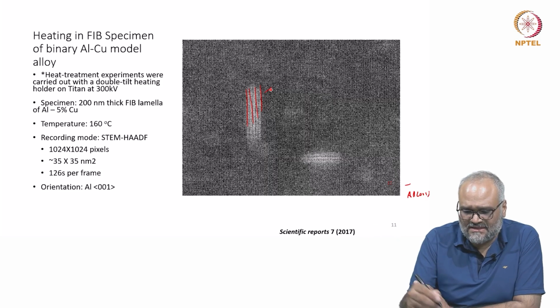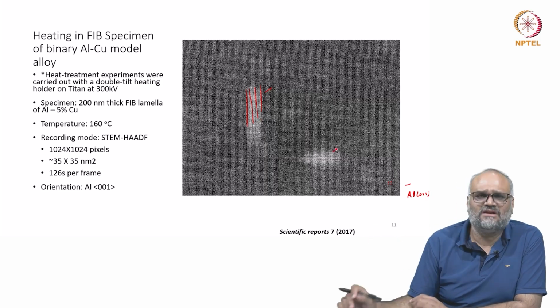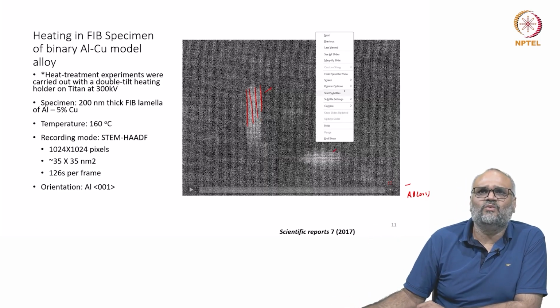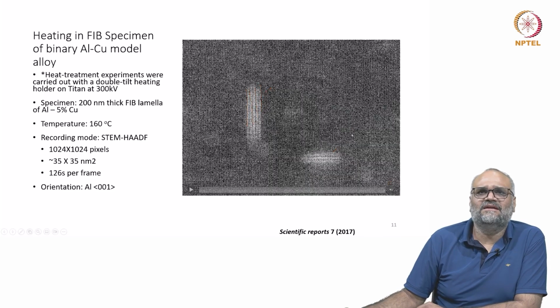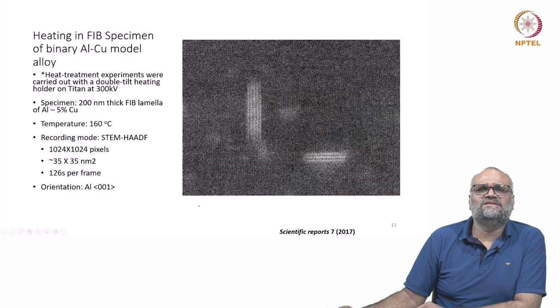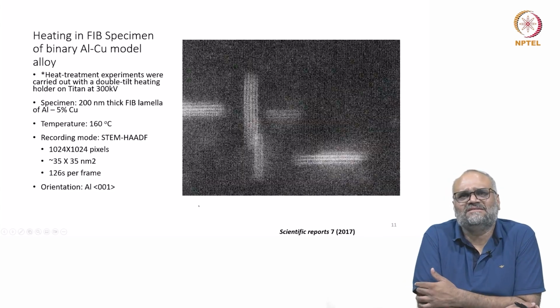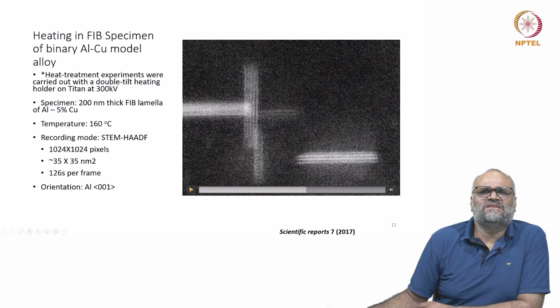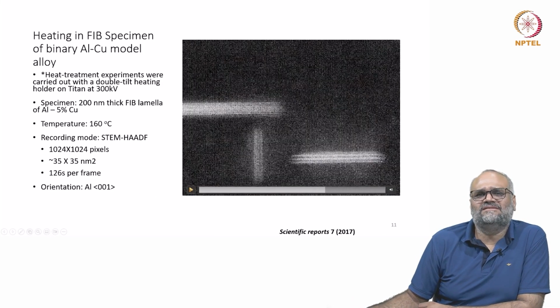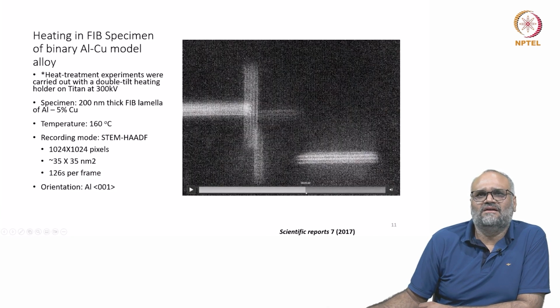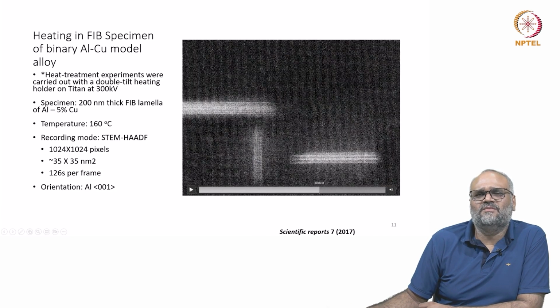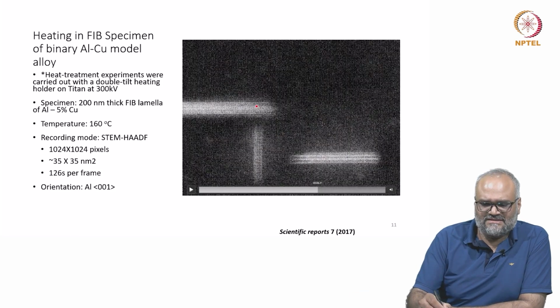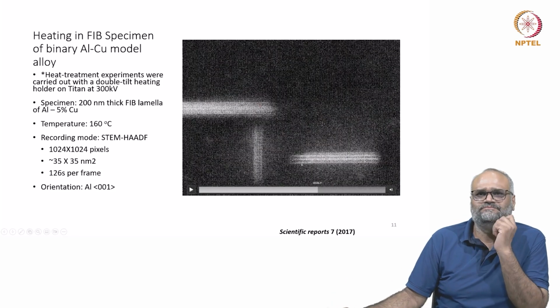So what you see here are copper rich precipitates, and once you start heating, you would see that these precipitates start growing, and at some point the precipitates which are actually smaller than a certain size, they kind of dissolve and they contribute to the growth of this precipitate which is already growing.